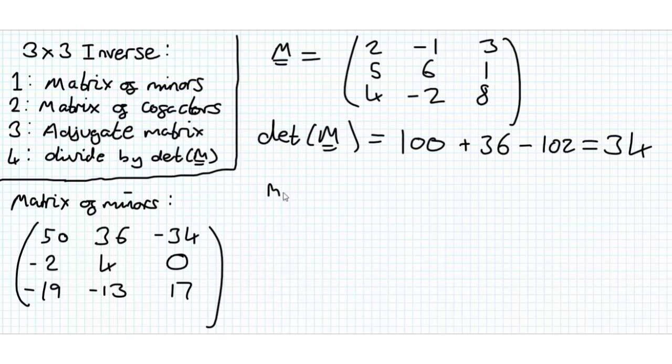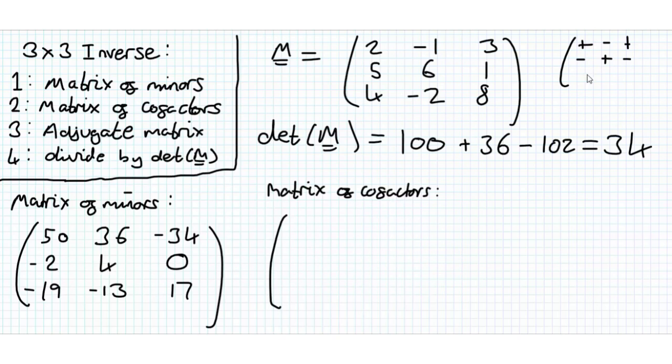Now we want to do the matrix of cofactors. So if you remember our little checkerboard, it's plus, minus, plus, minus, plus, minus, plus, minus, plus. So all we do is apply that to this minor matrix. So keep the sign the same there.